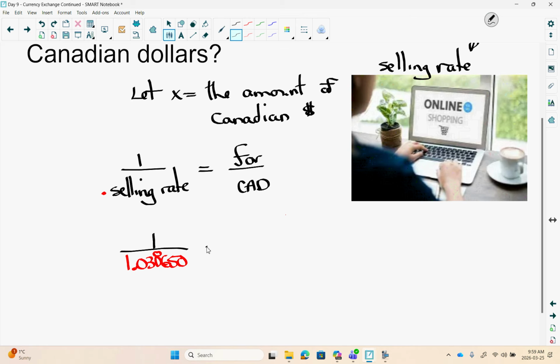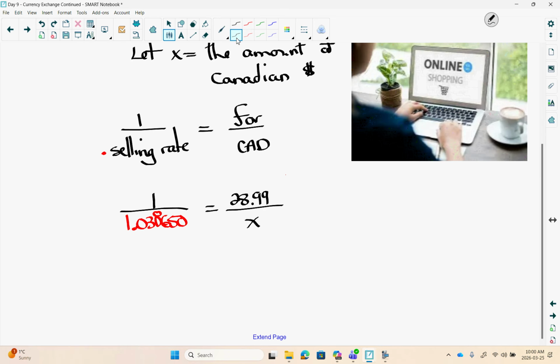It's going to equal, what's the foreign amount? I know that. 28.99 US dollars. And I'm looking for the Canadian amount. So I'm putting an X down there. Cross multiply.